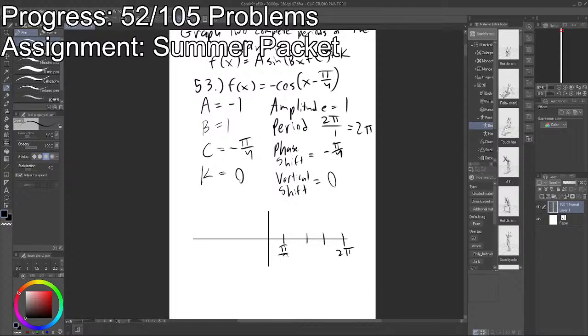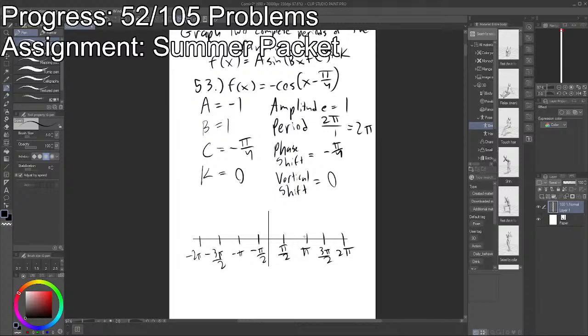Pi over 2 here. Pi and then 3 pi over 2. And then I'll do the negatives. Negative 3 pi over 2 and negative 2 pi.